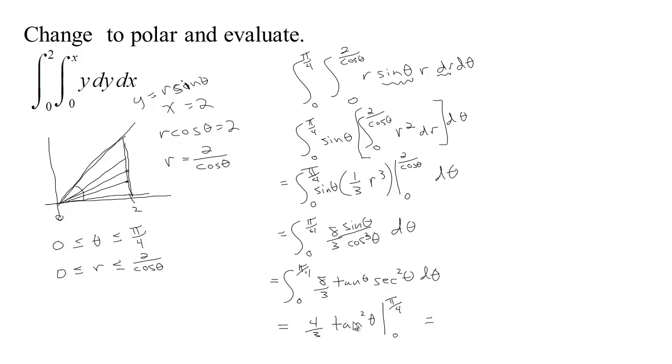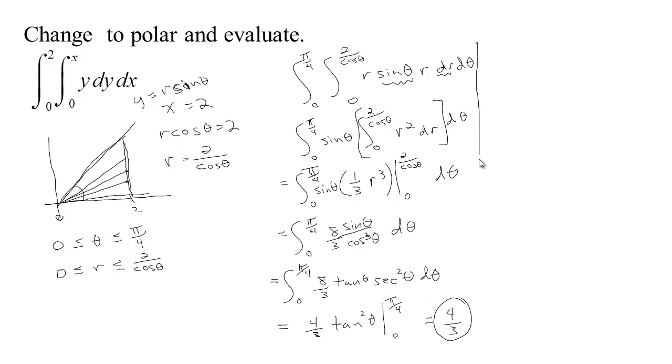Now, the tangent at pi fourths is 1, because at pi fourths the sine and cosine are the same, so their ratio is 1. And so if you take 1 squared, you get 1, so we get 4/3 times 1 when we plug in pi fourths. The tangent of 0 is sine over cosine, but the sine of 0 is 0, so that's just 0, so we get our answer here is 4/3.